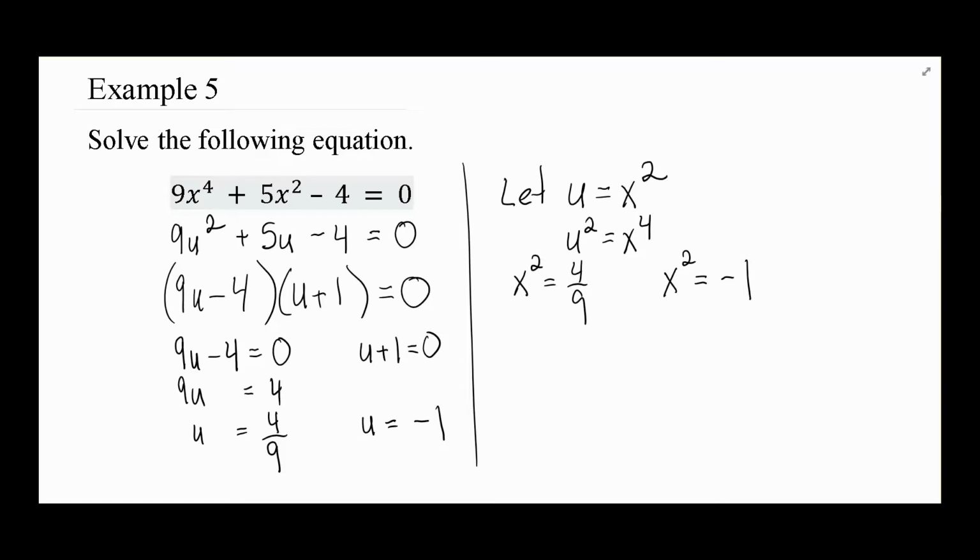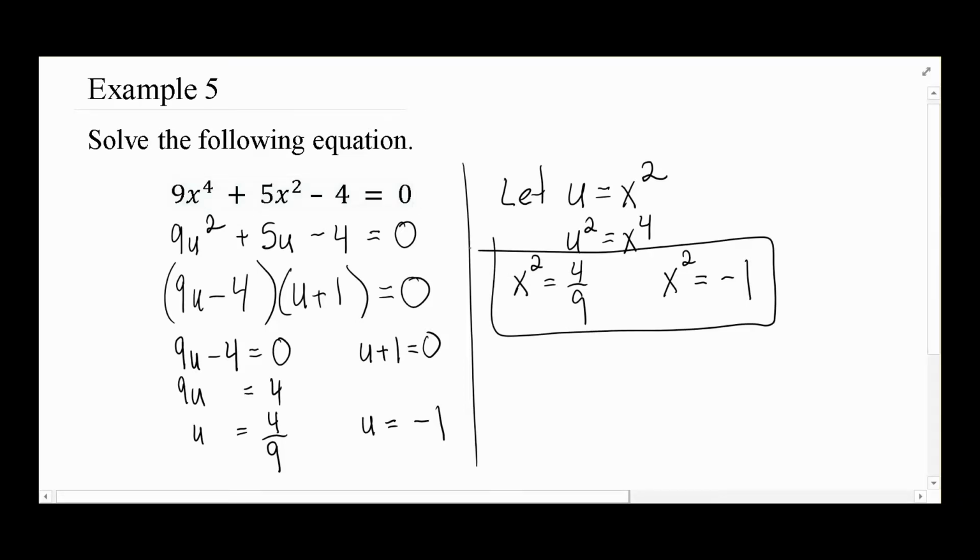So now we have these two new problems to solve. We're going to ignore everything else in the problem and just focus on what's going on here. I want to solve x squared equals 4/9. That has a perfect square on one side and a number on the other, so I can use the square root property. I can take the positive and negative square root of both sides. And I can do the same thing here.